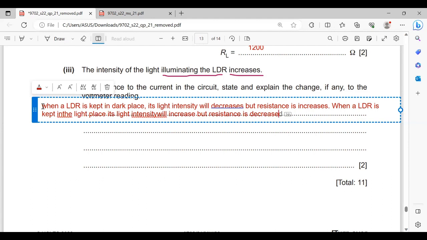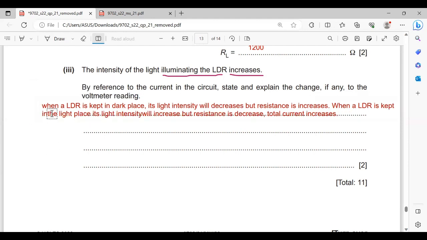And of course, the total current will increase.